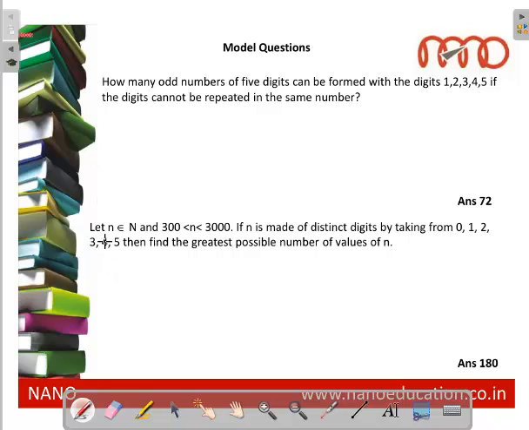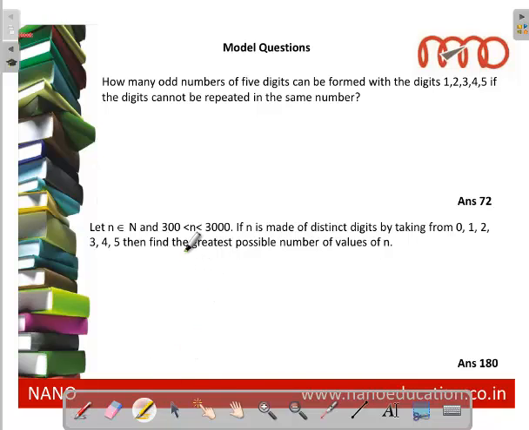Next question. Let n belong to natural numbers and n lies between 300 and 3000. If n is made of distinct digits taken from 0, 1, 2, 3, 4, 5, then find the number of possible values of n.